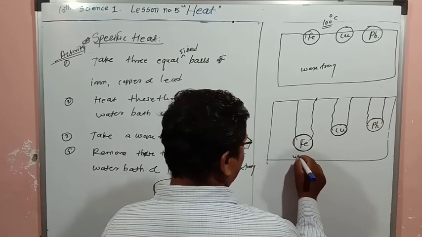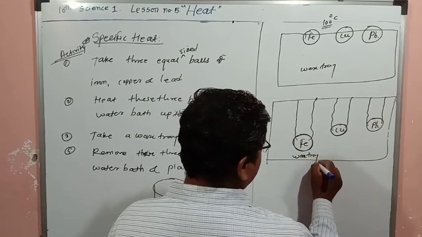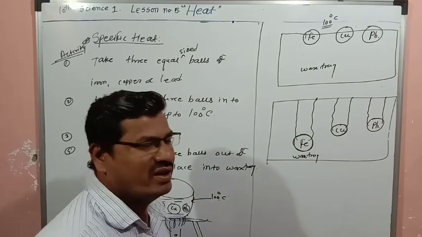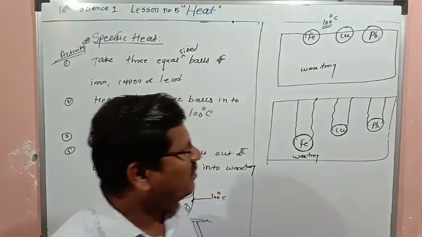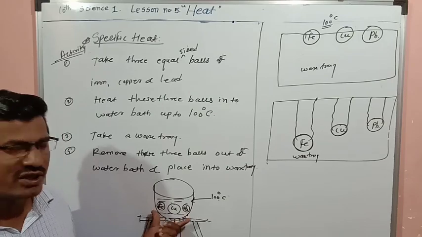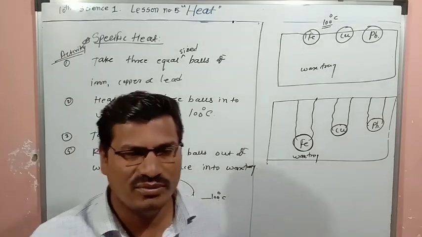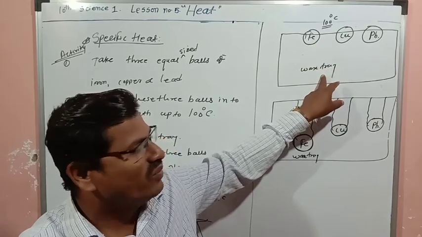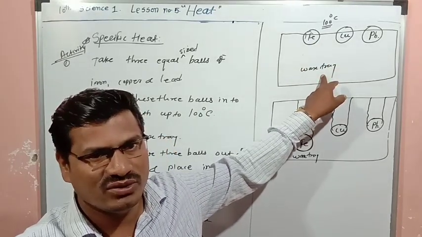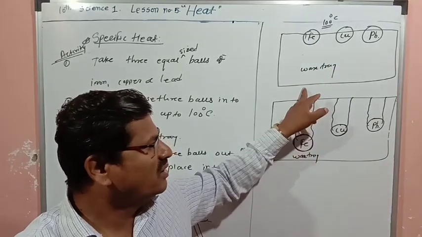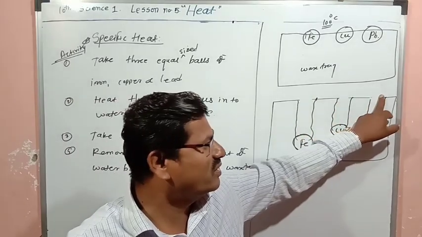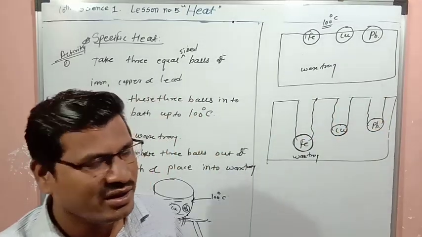So next one is the wax tray. You can observe what will happen. Initially the temperature of the 3 balls is equal. When they are placed into the wax tray, what will happen? They will penetrate into the wax tray because they are having heat.